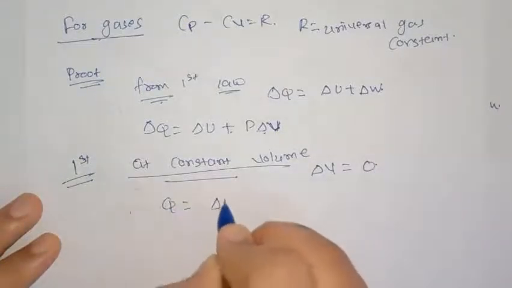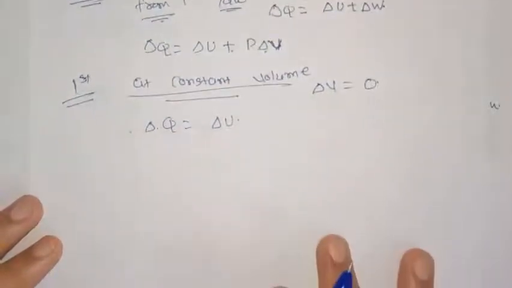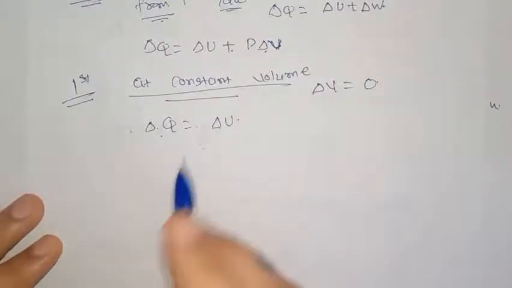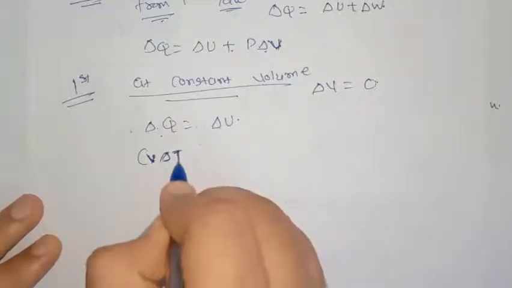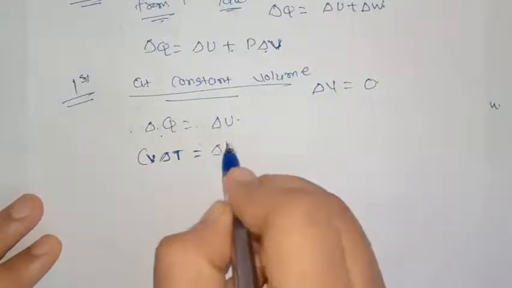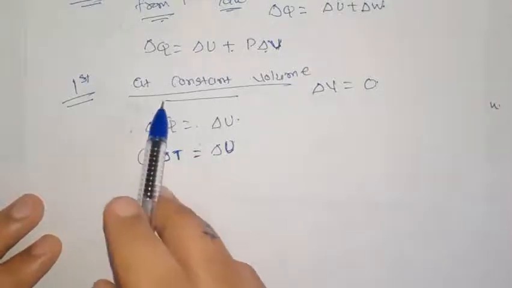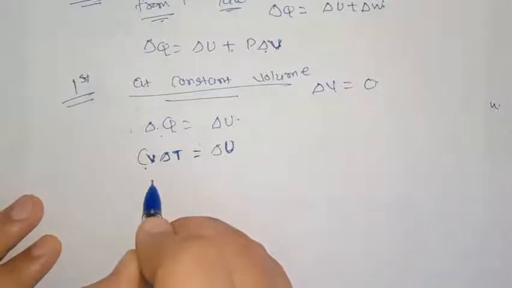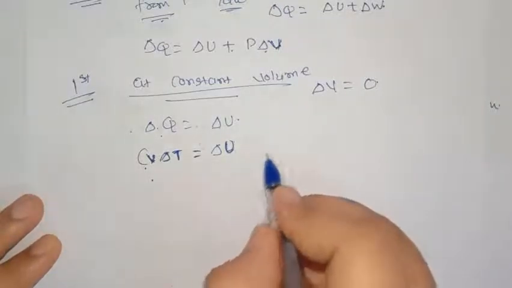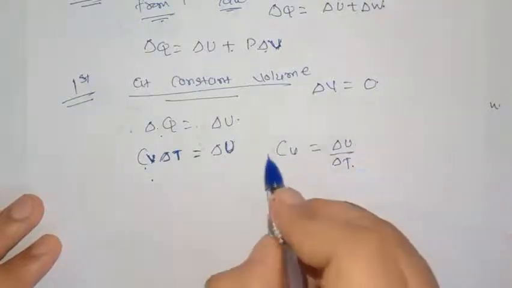So delta Q will be equal to delta U. And Q can be written as Cv into delta T is equal to delta U. Here we have taken the value Cv because it is the specific heat at constant volume. So we can write Cv is equal to delta U upon delta T.